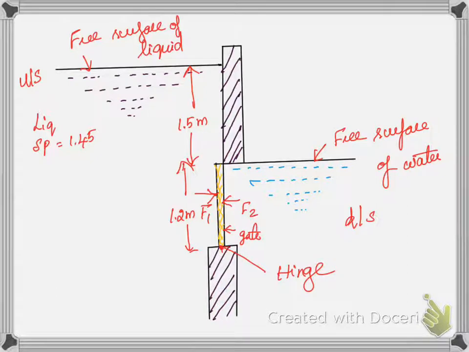Okay, apart from that I want to find the force that is acting horizontally on the top of the gate. On the top of the gate also there will be some force that will be acting. So I keep this force as F. Okay, so I have to determine all these forces.